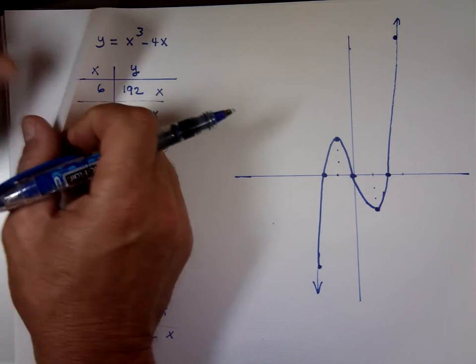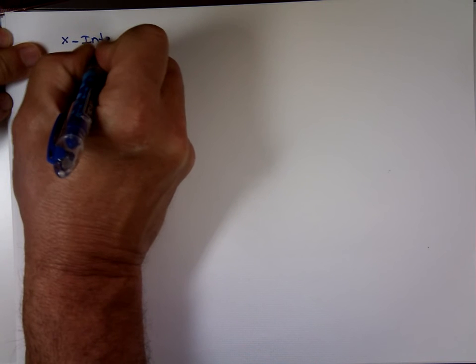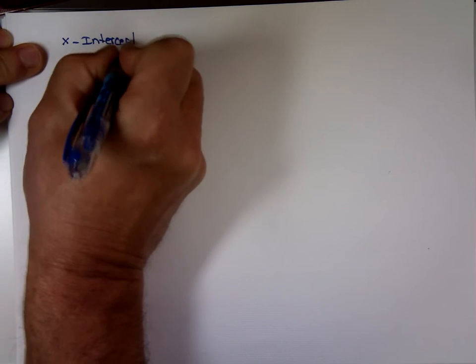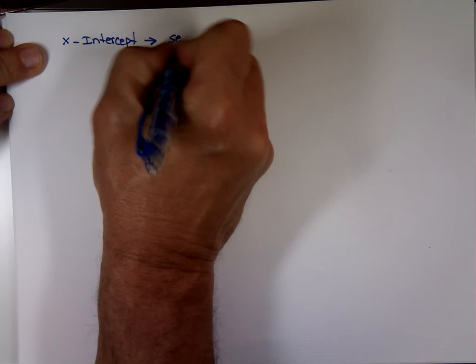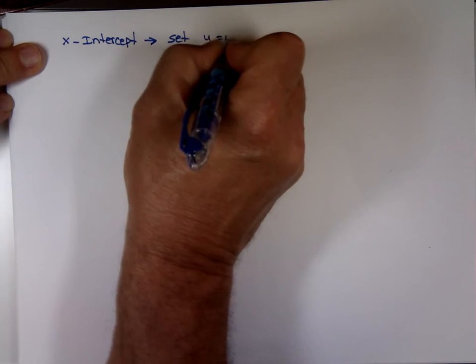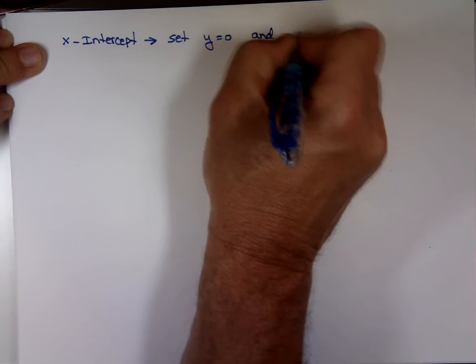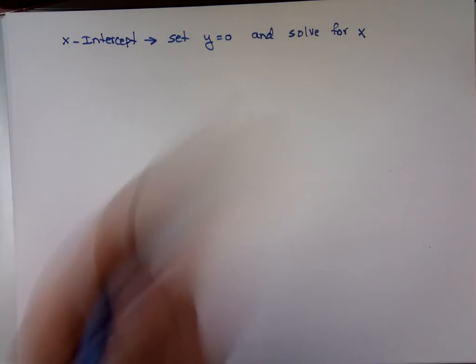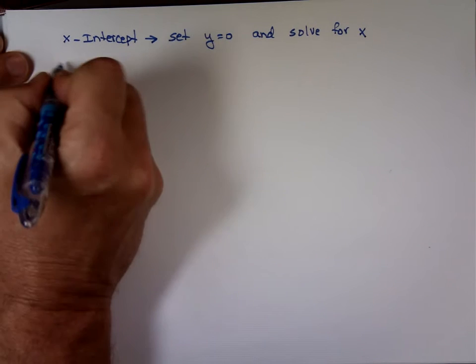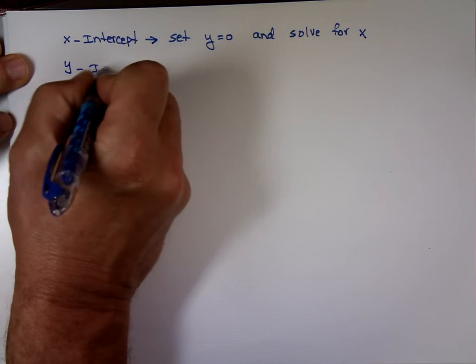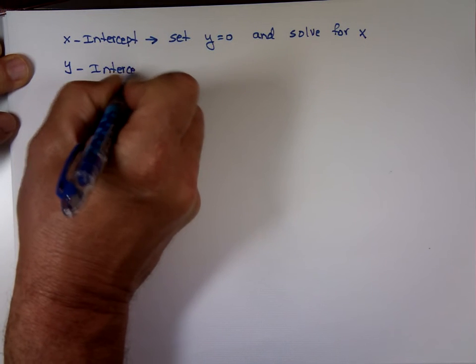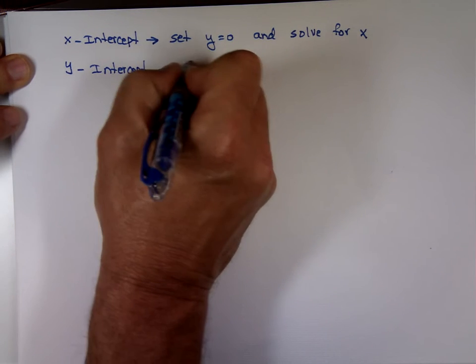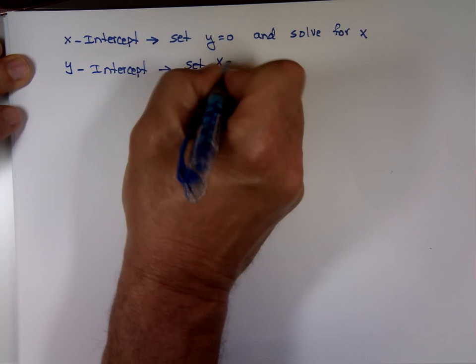So in case you didn't hear him, to find the x-intercept, you set y equal to 0 and solve for x. And to find the y-intercept, you set x equal to 0 and solve for y.